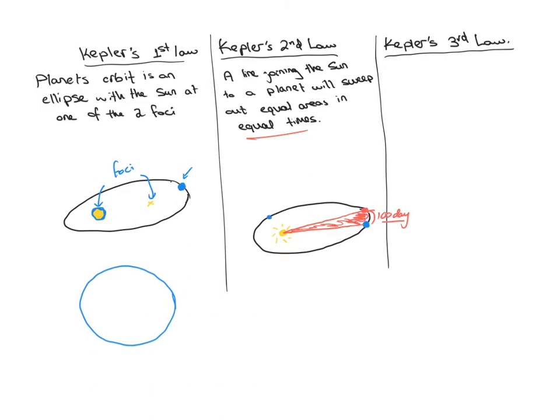So let's say the planet is here now. I'll draw another line joining the sun and that point, and it took 100 days to move to here.